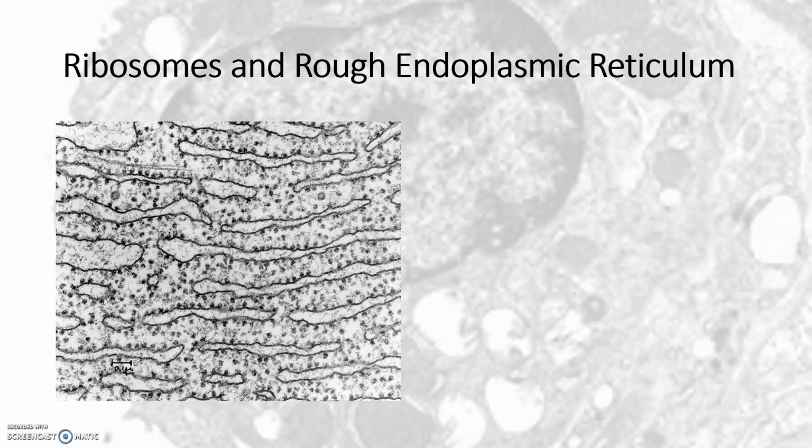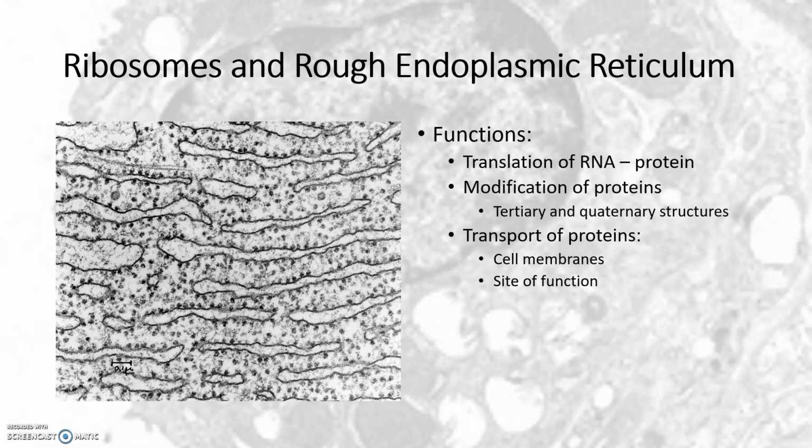Okay, so ribosomes and the rough endoplasmic reticulum are key to the production of proteins.